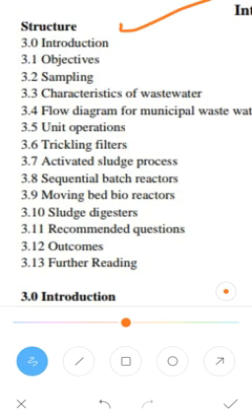Next we will go to the objectives. What are the objectives for the municipal wastewater treatment?